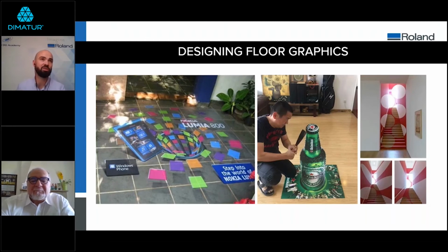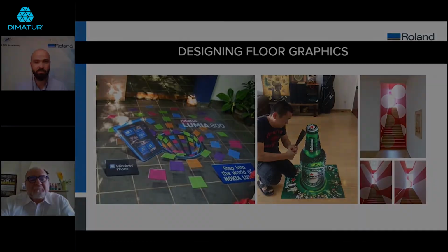As you can see on the image on the left-hand side, adding a drop shadow to your graphics really makes them stand out. And then all the way up to full anamorphic graphics, like that red circular graphic on the right-hand side, which is utilizing floor, wall and ceiling graphics to create an illusion from a specific viewpoint.